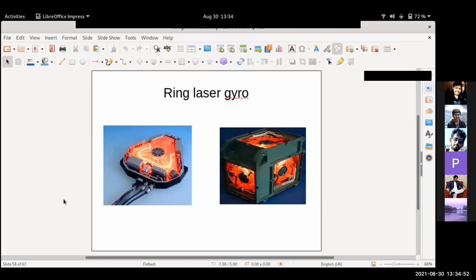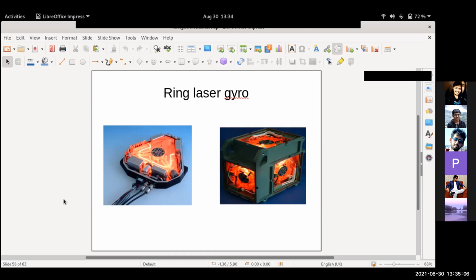We will go into the details later on, if required. But right now, I'm just introducing you to these sensors. Any question? This is just a basic principle. This is called the Sagnac principle.